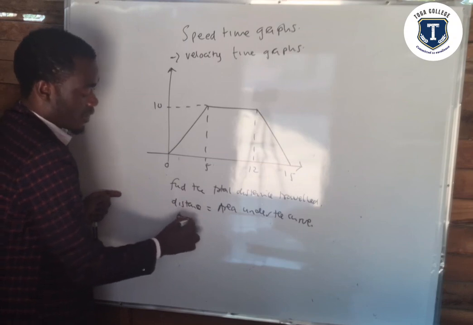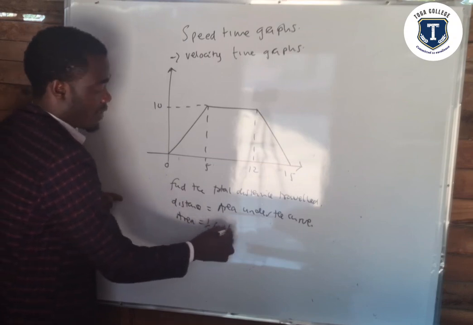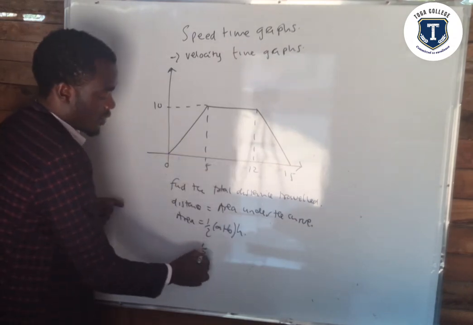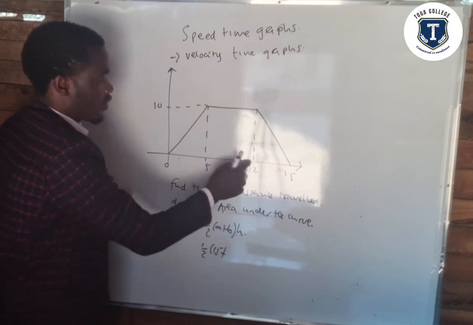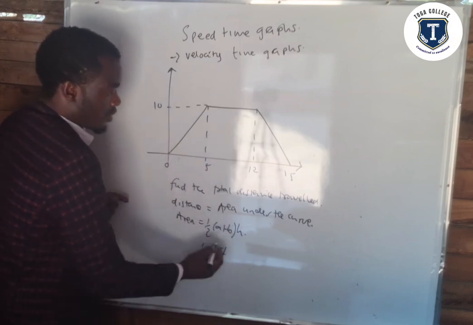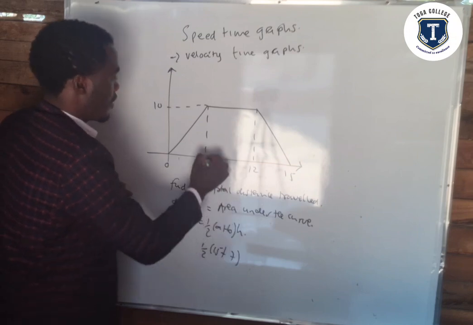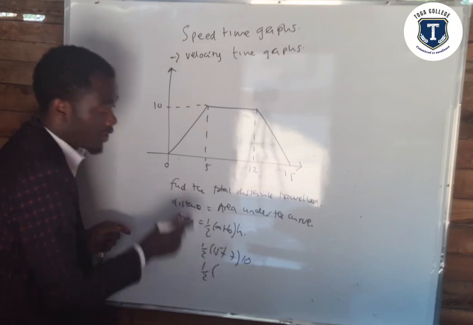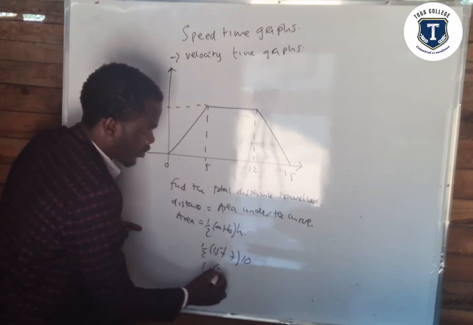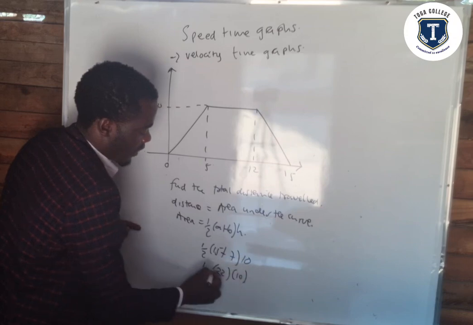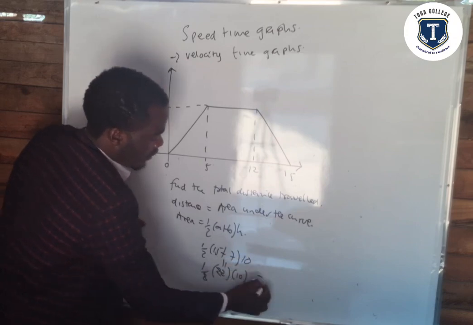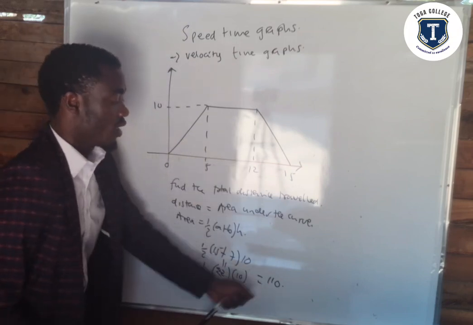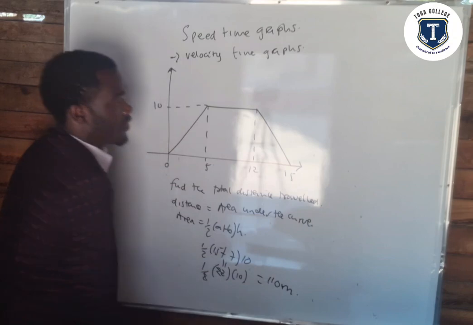So area of a trapezium, we say half a plus b times height. A and b are parallel sides, so it's going to be half of 15 plus, what's the difference here? That's 7, height is 10. So half of, if we add those, we get 22 times 10. Half of 22 is 11. 11 times 10 is 110. So the total distance that was traveled here was 110 meters, right?